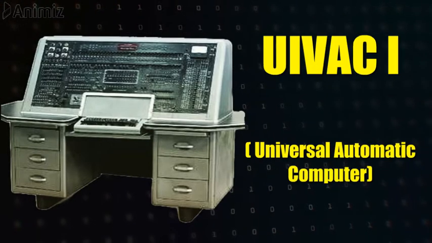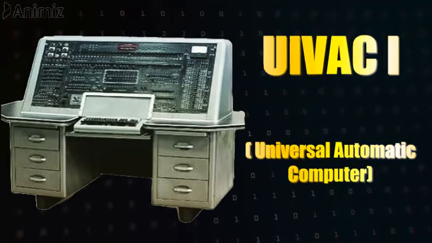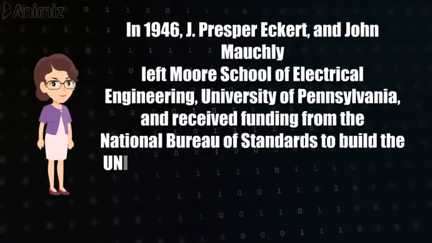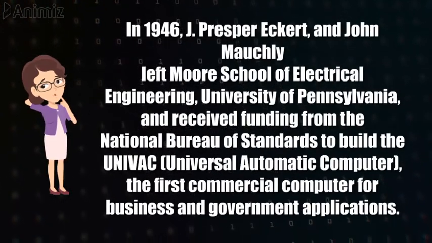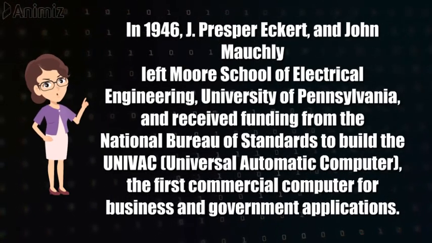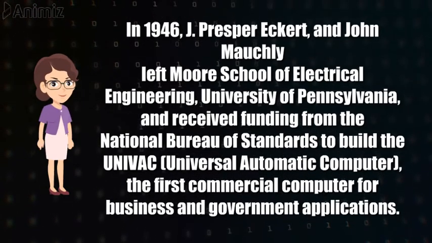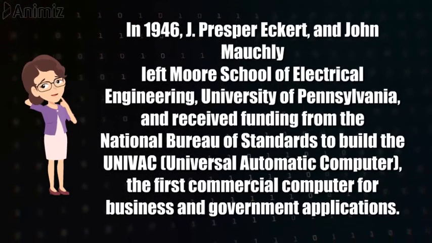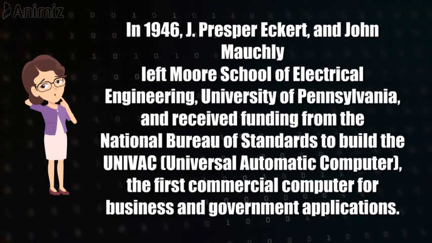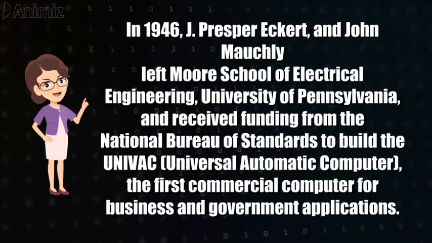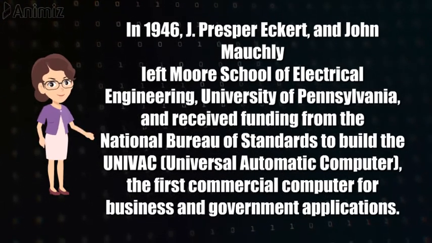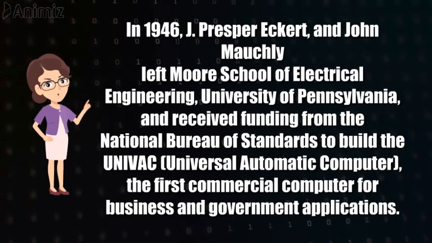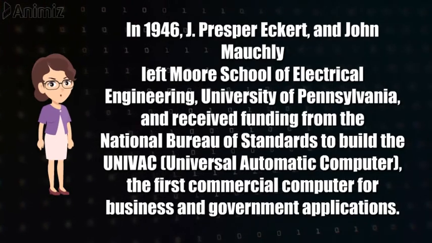UNIVAC 1, Universal Automatic Computer. In 1946, J. Presper Eckert and John Mauchly left Moore School of Electrical Engineering, University of Pennsylvania, and received funding from the National Bureau of Standards to build the UNIVAC, the first commercial computer for business and government applications.